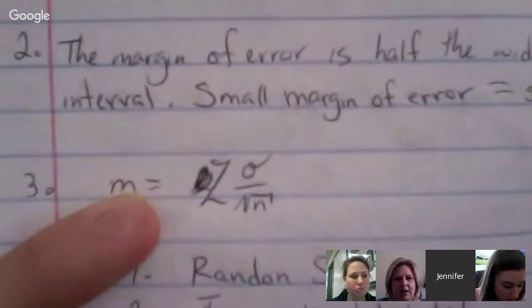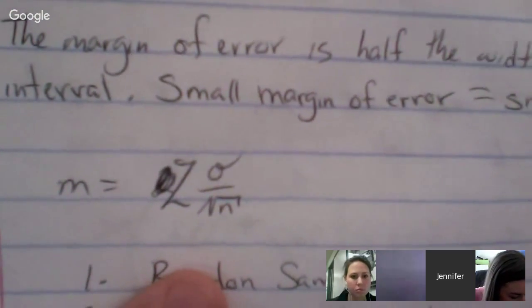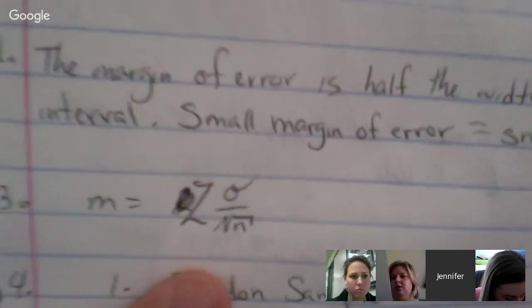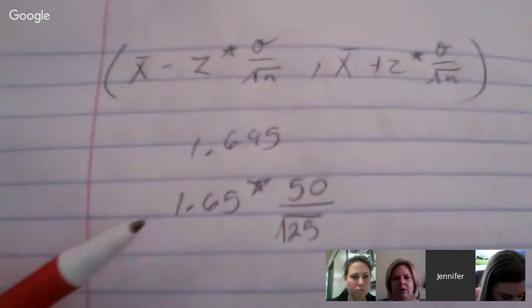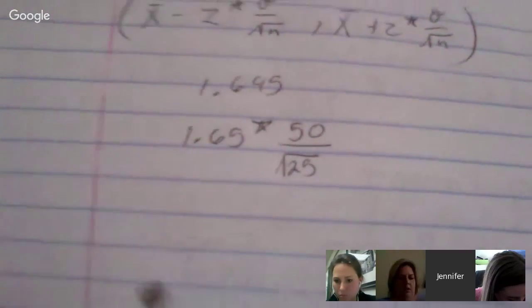On the prep work on number 3, m equals z times sigma divided by the square root of n. So, if I do that, right here, that's how I did it, and then I haven't written it down, but it's 16.5. So Z.